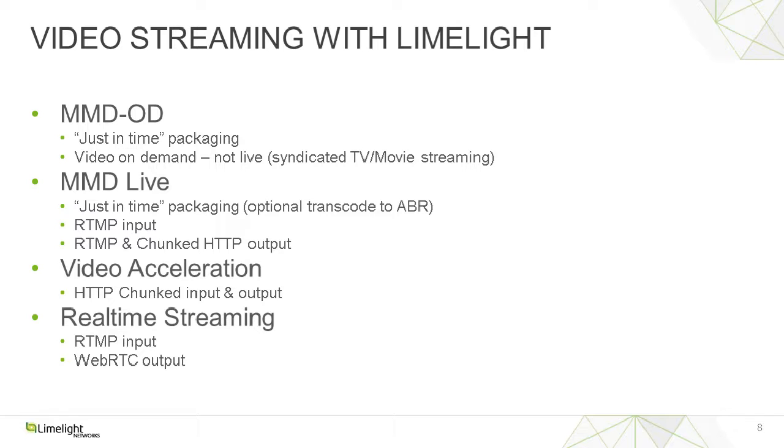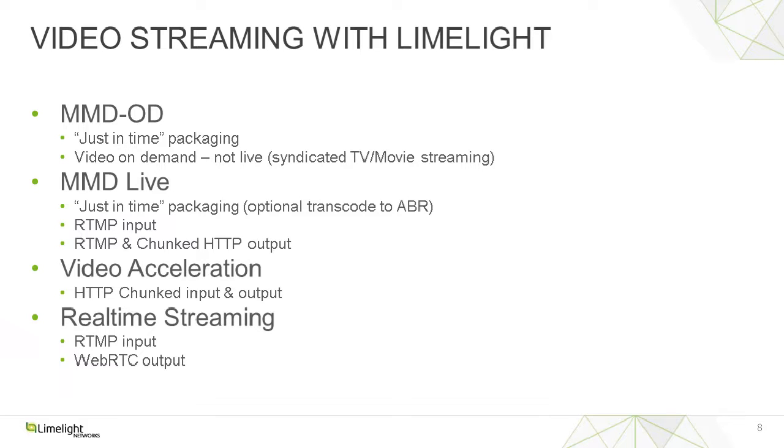With MMD Live, we're taking the same concept, but rather than VOD content that's stored on some disk, we're doing it in real time. So we're using that RTMP input into a specialized just-in-time packaging server that's going to then take the RTMP, let it spool up a little bit so that we can do the chunking and deliver the adaptive bitrate HTTP out. And we'll do that again for HLS, MPEG-DASH, and Smooth Streaming as required by the viewers.